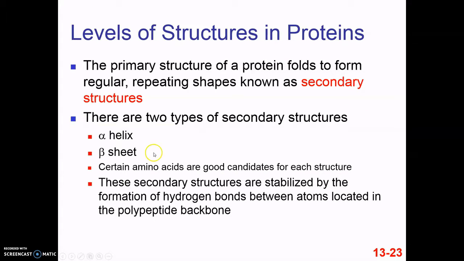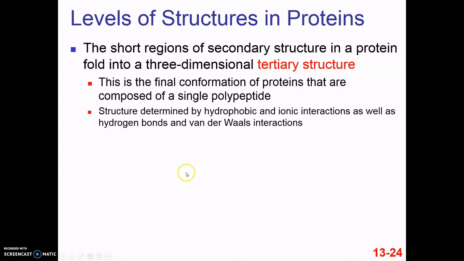All right, so again, we had the primary structure of a protein, that's simply the amino acid sequence. We talked about how there are all these secondary structures, and we went into great detail on that. Now let's talk about tertiary structure.